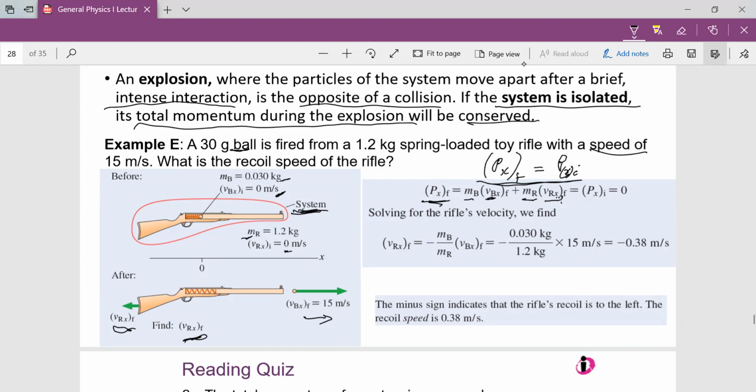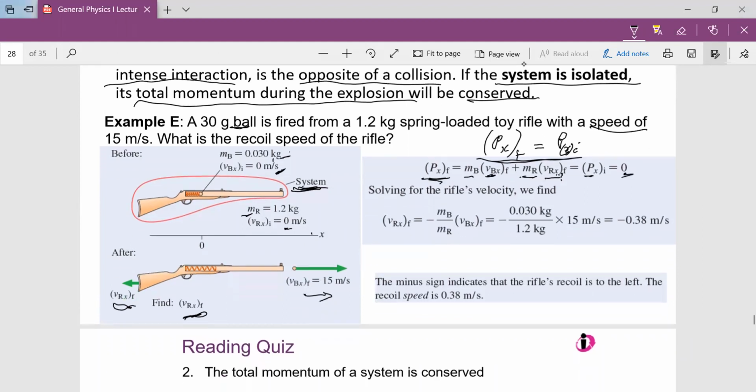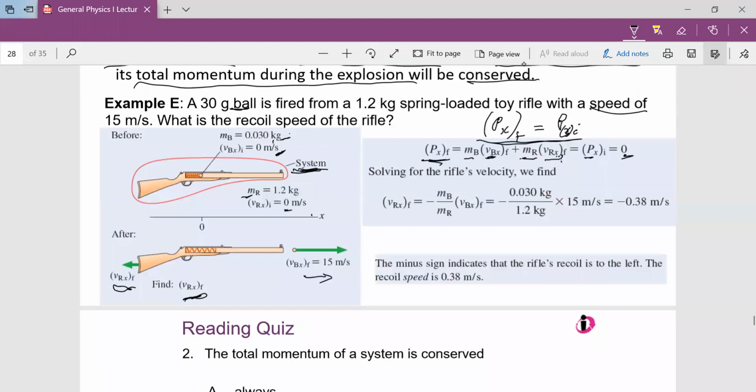Our P initial is equal to 0, because the velocities are 0. There's no momentum in the first state because it is stationary. So this expression is equal to 0. It means m_B v_B final is going to be equal to, when we move the rifle term to this side, minus m_R v_R final, because it crosses the sign of equality.